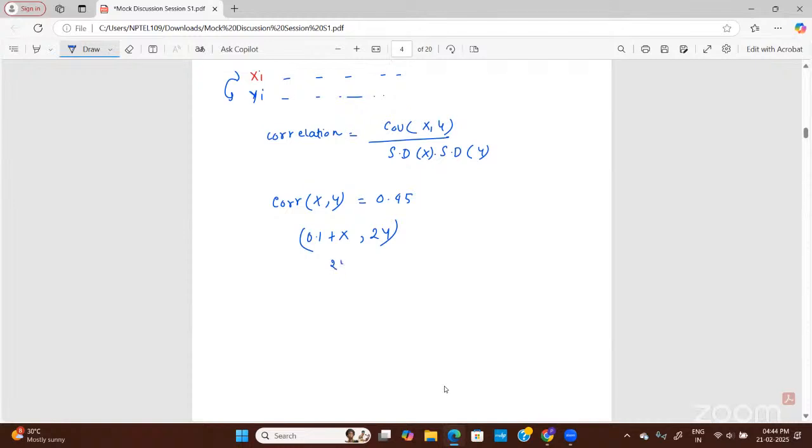So first we have to write 2y, and then it will be 0.1 plus x. And we have to find the correlation for these. So this is what the question is asking us. So now, can you guess whether it should change or not?